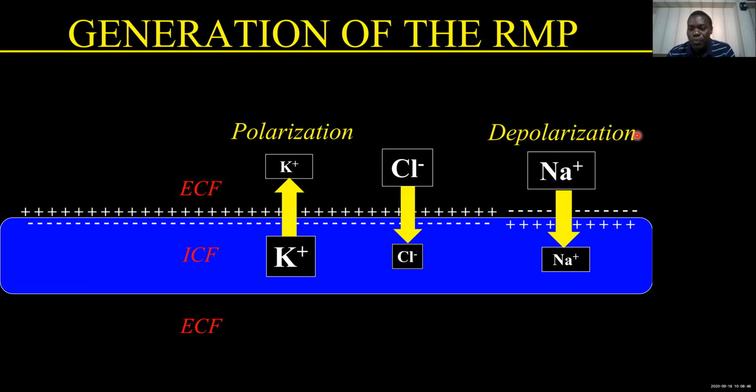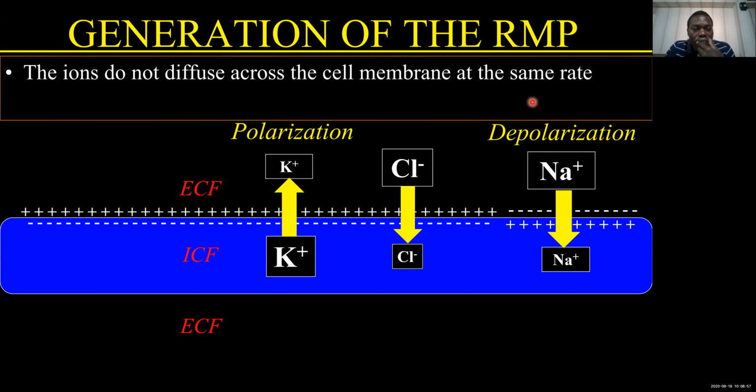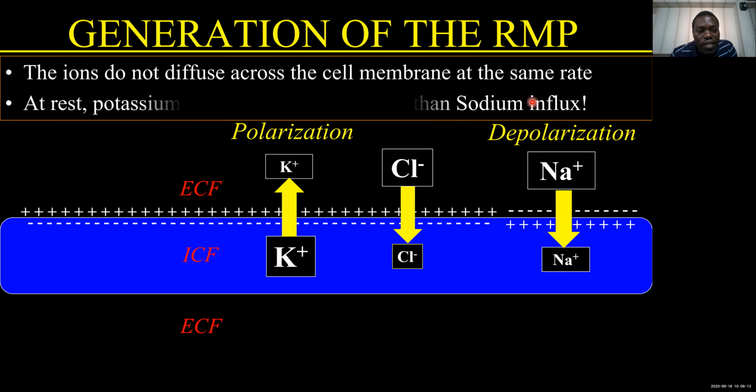But that's not true. The reason why that's not true is because in as much as we have factors that polarize and factors that depolarize, these ions do not diffuse across the cell membrane at the same rate. As a matter of fact, when the membrane is at rest, potassium efflux is several times faster than sodium influx.